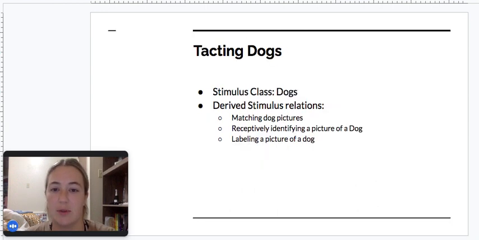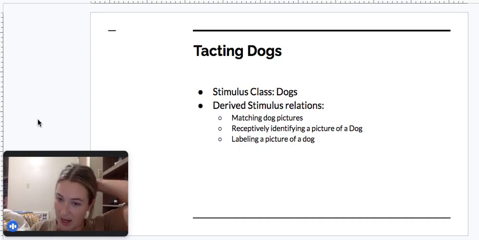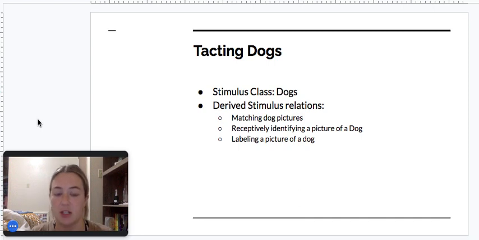So for example, tacting dogs. The stimulus class again is dogs. You would match pictures of dogs together, and then you would go into, okay, find the dog in an array of 3 or 4 or 5 or whatever your client is able to scan at that time. You'd say find dog, and they would touch the dog.